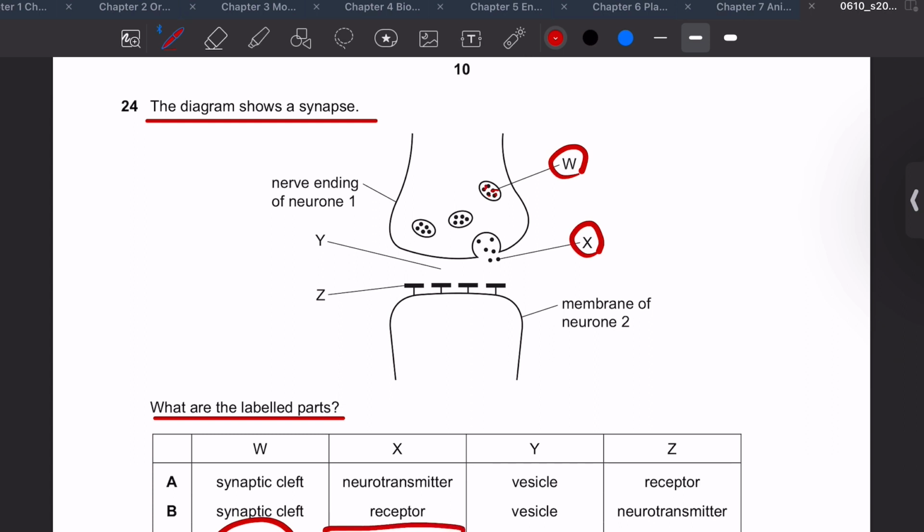So, the answer should be C. But let's have a look at the others. Y is called synaptic cleft, where neurotransmitters get concentrated or diffuse into. Z is the receptor where the neurotransmitters bind to. So the answer is C.